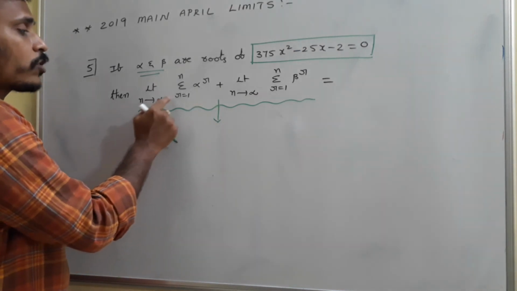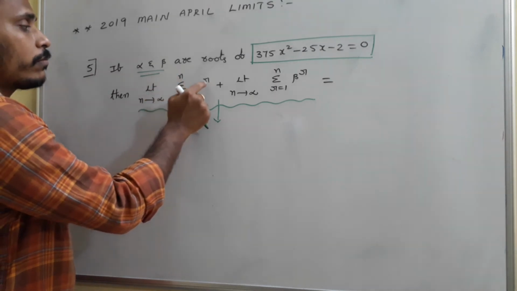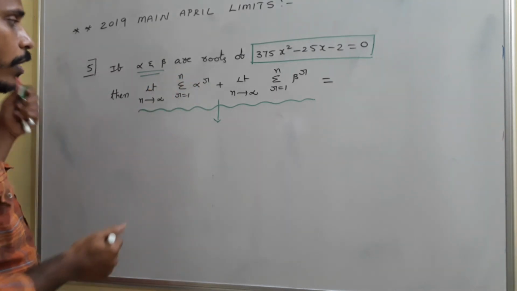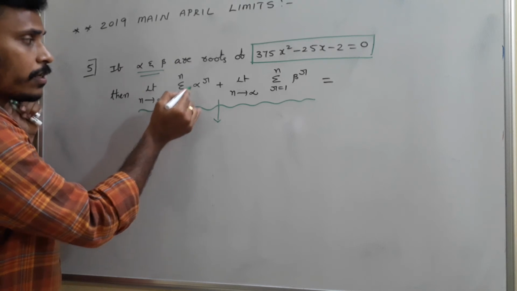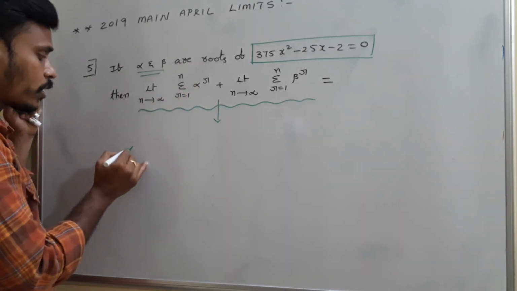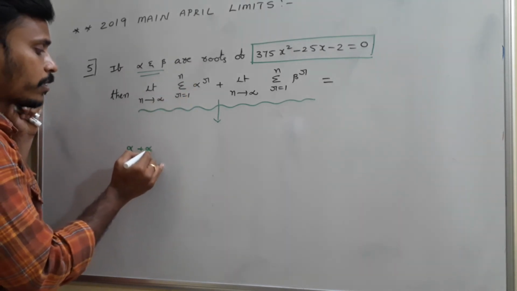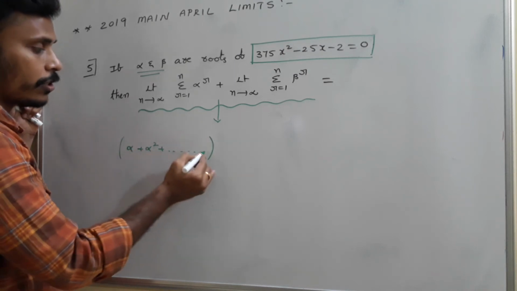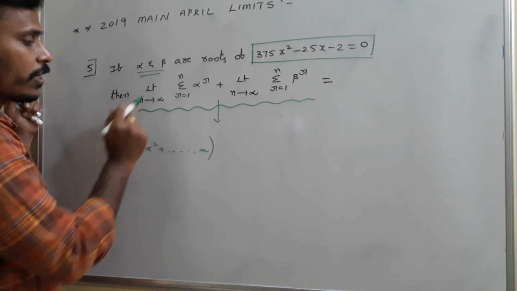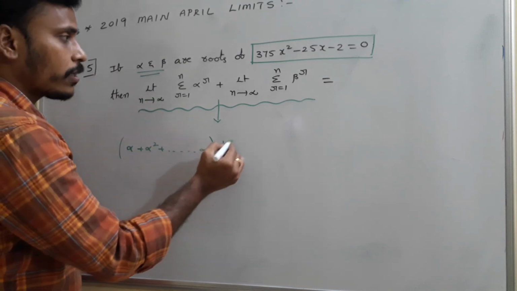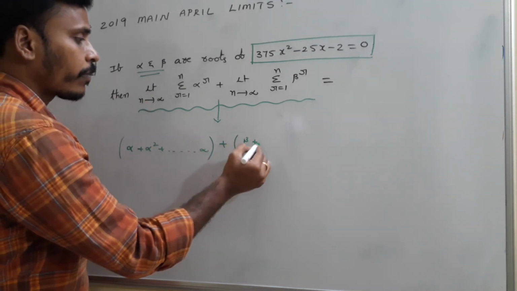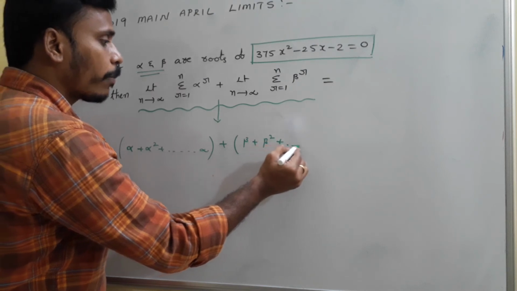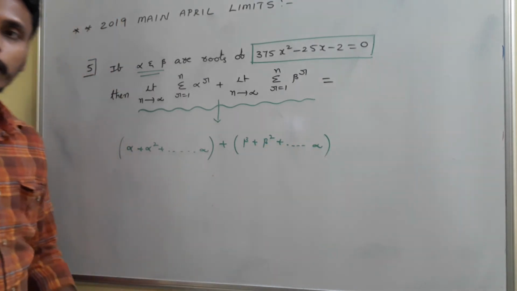See, limit n tends to infinity sigma r running from 1 to n alpha power r, in the sense, take r equals 1, you will get alpha plus alpha square plus and so on. You will get infinite terms here, as n is tending to infinity. Plus beta plus beta square plus and so on up to infinite terms.